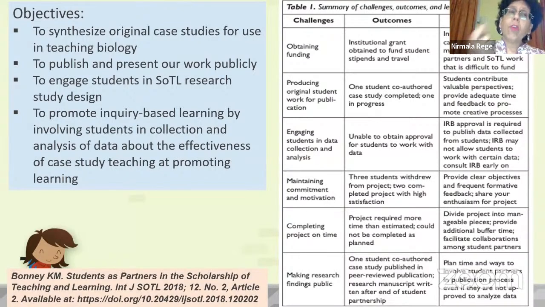But they also wanted to engage students in the SOTL research study design and promote inquiry-based learning involving students. Now, the cases which they developed and formulated, their effectiveness has to be judged only by using them in teaching, so whether they promote learning or not.